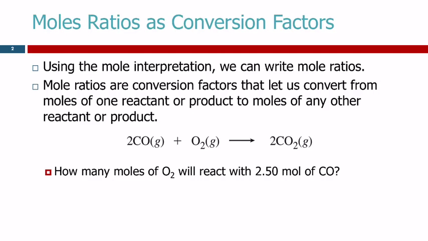When we use that mole interpretation, we can write what are called mole ratios from the balanced chemical equation. And this gives us the relationship of the quantities between the different reactants and products. So if we look at this, we can interpret this as 2 moles of CO. So 2 moles of CO will react with 1 mole of O2.